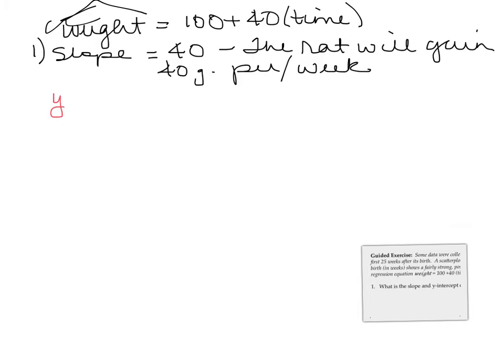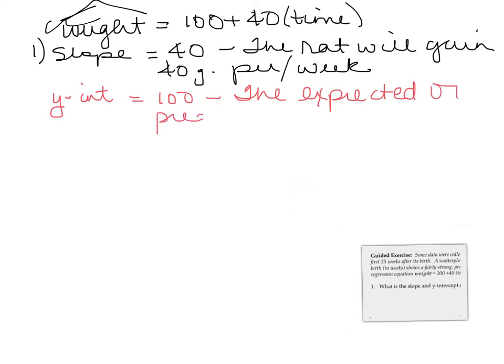And the y-intercept is 100. So this is the expected or predicted birth weight of a rat.